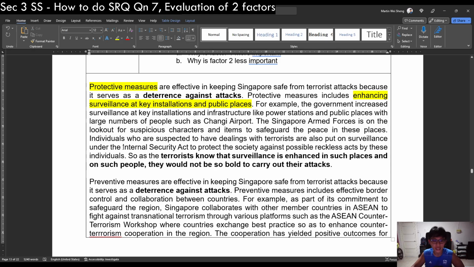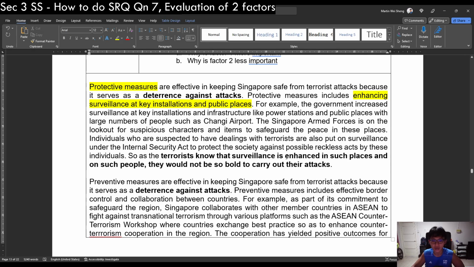Then finally I talk about ISA, the Internal Security Act. So after saying all these things, I go on to link and answer the question. So I say, as the terrorists know that the surveillance is enhanced in such places and on such people, they would not be so bold as to carry out their attack.